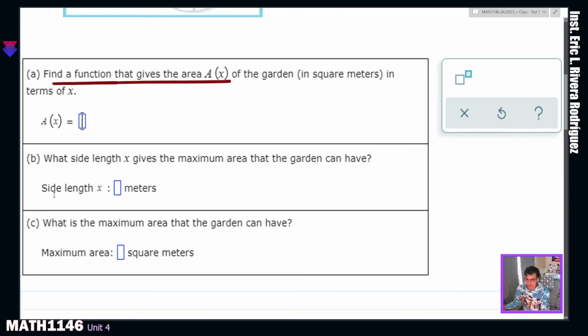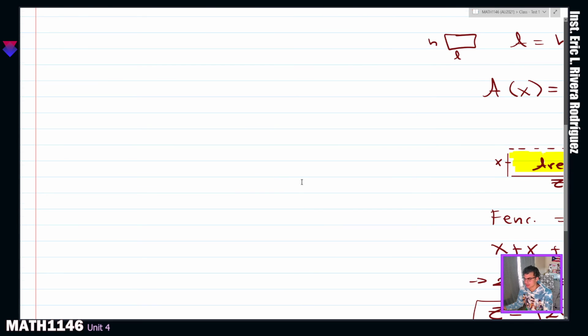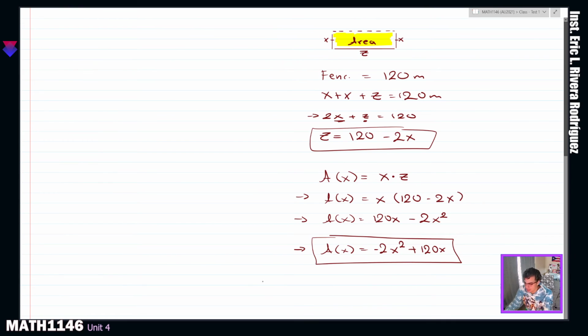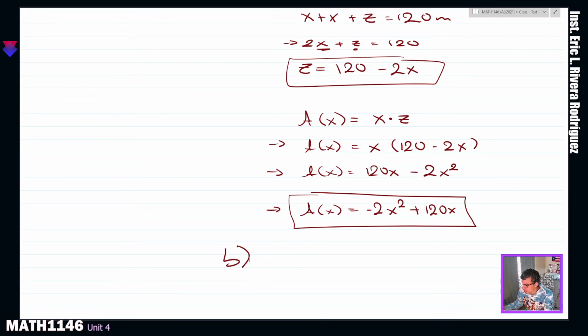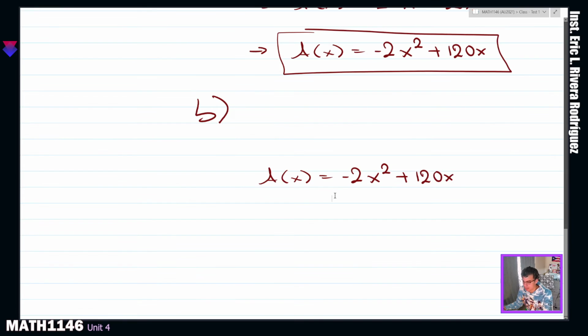Now, the second question is about what side length x gives the maximum area. The first thing that we need to check here is whether we can get a maximum value from this function.